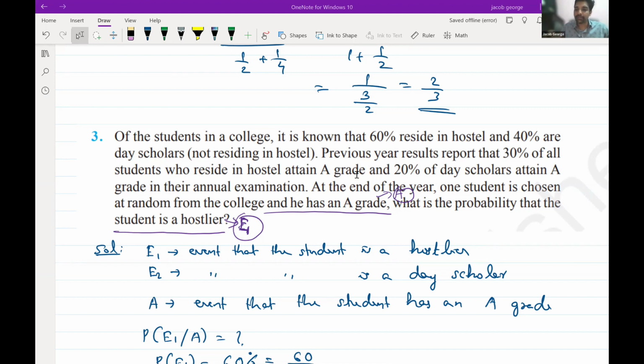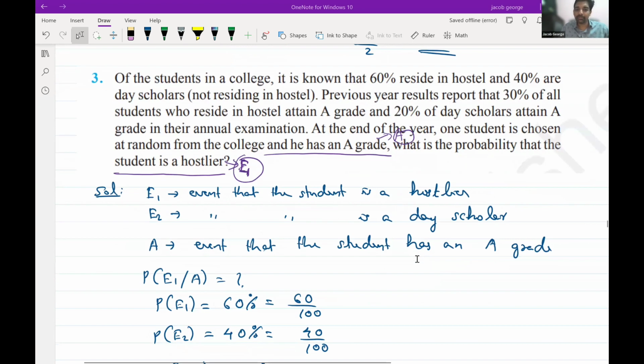First subdivision, they will put a simple question. Find the probability that the student attains A grade, given that he is a hostelier. Student attains A grade given that he is a hostelier, which means A given E1.